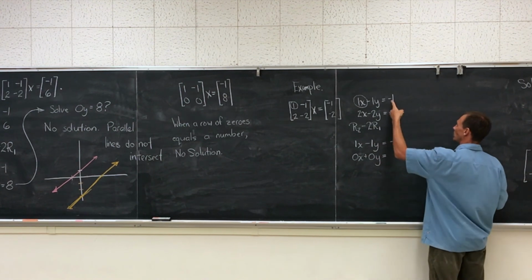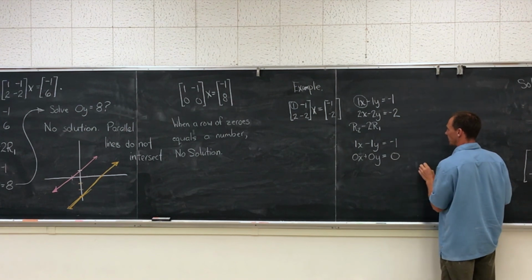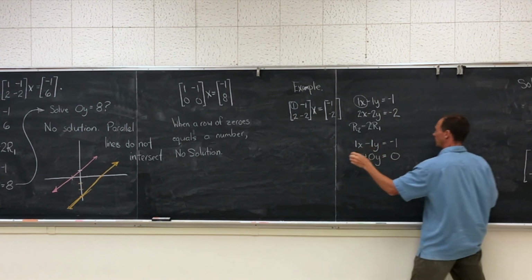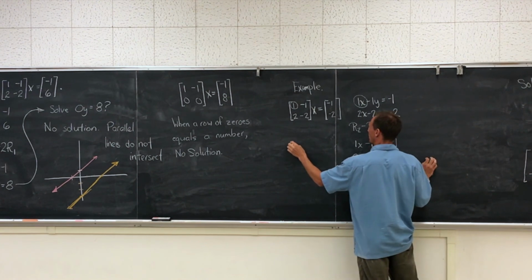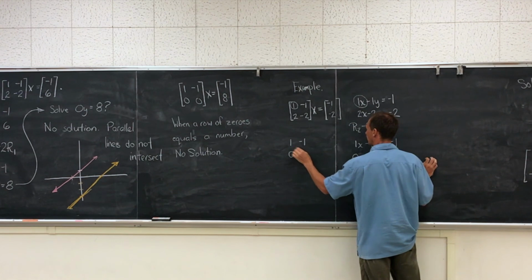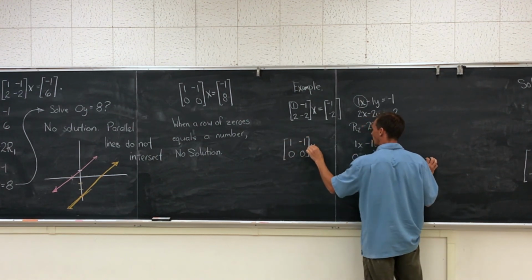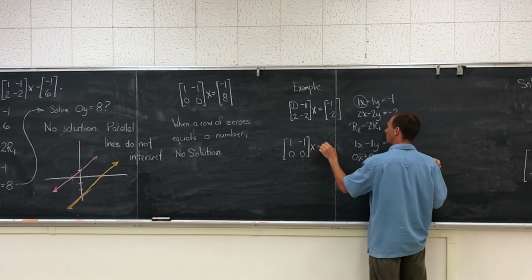Equals minus 2 plus 2, that's 0. Oh, well, let's come over here. This is the matrix [1, -1; 0, 0] times the vector x equals [-1; 0].